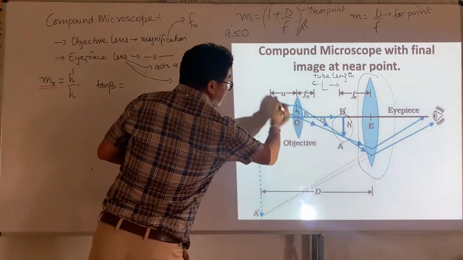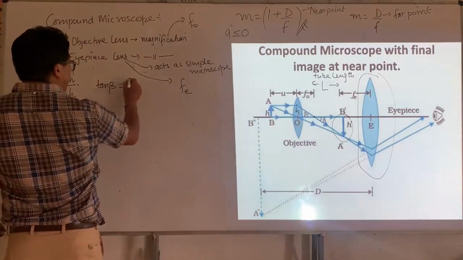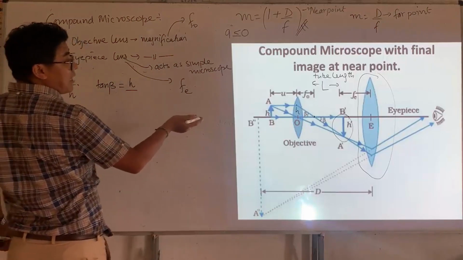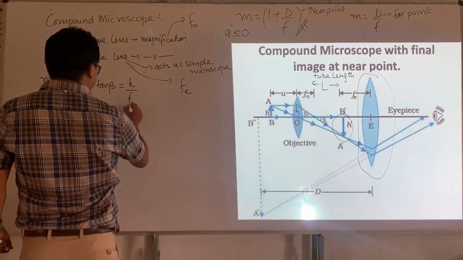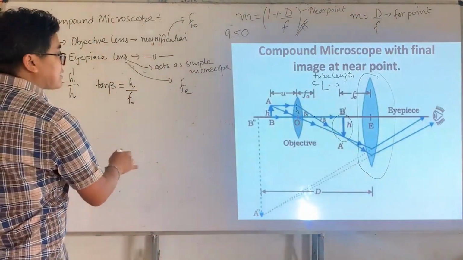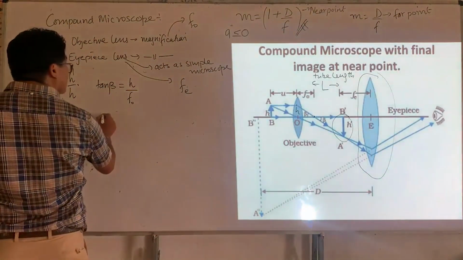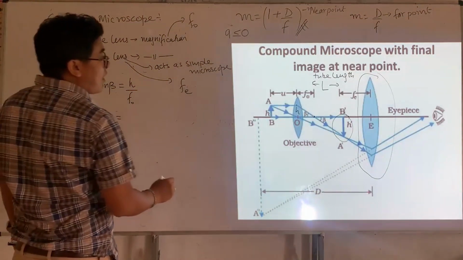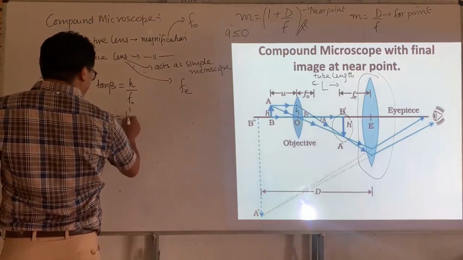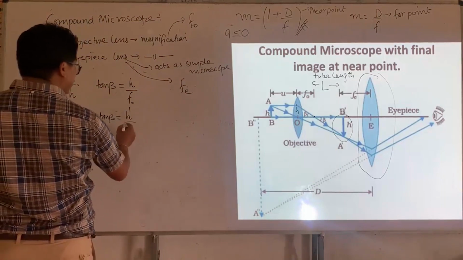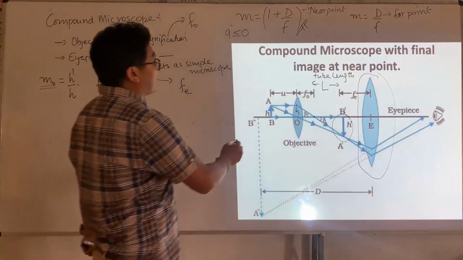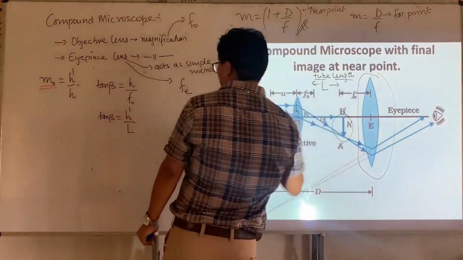This tan beta is going to be H divided by F naught. And then next, tan beta is equal to H prime divided by, what is that? L. L is what we call the tube length.